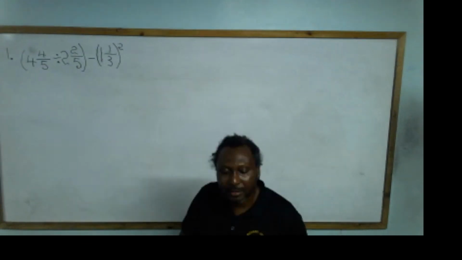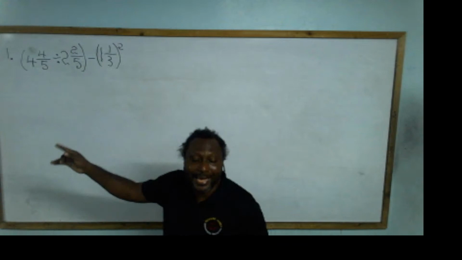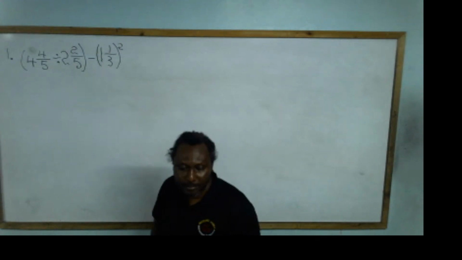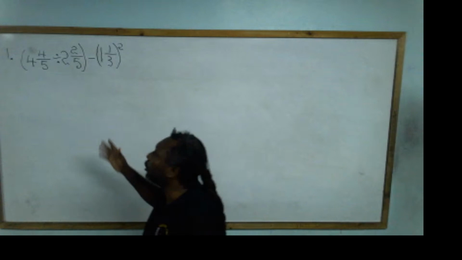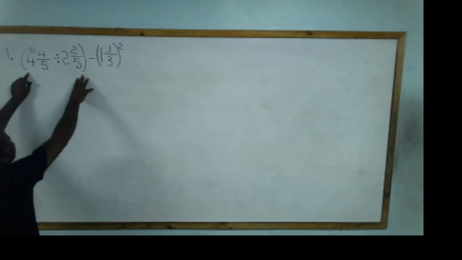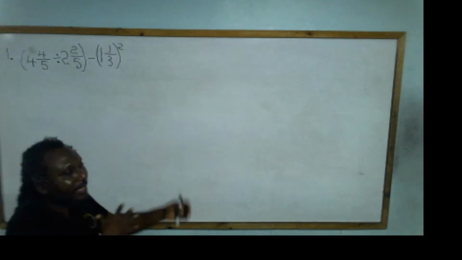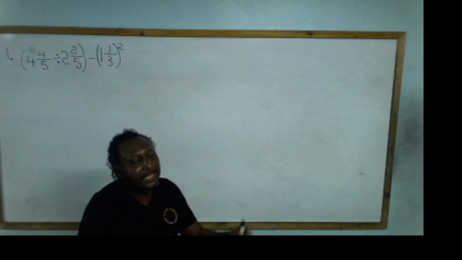But in normal arithmetic, we know that we should multiply and divide before we add and subtract. So if there were no parentheses here, then we should still divide before we subtract. The order of operations says that we should divide before we subtract, whether or not the parentheses or the brackets are there.